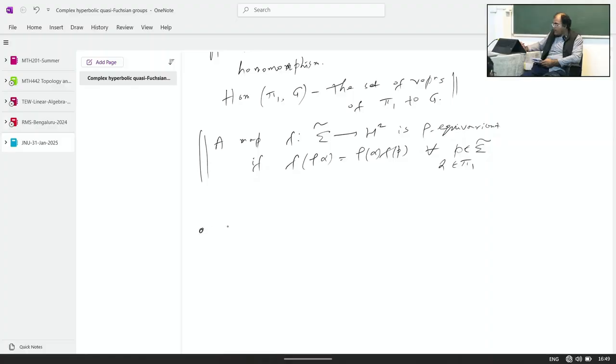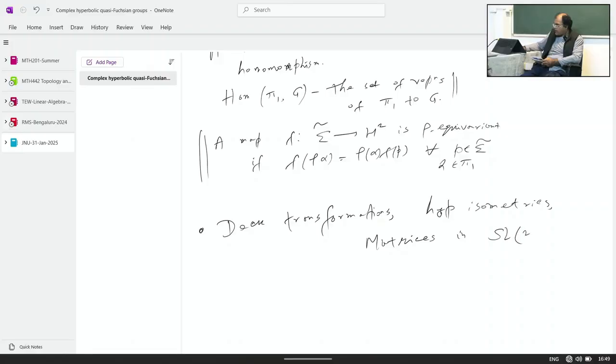You have a correspondence between Deck transformations, hyperbolic isometries, and matrices in SL2R.